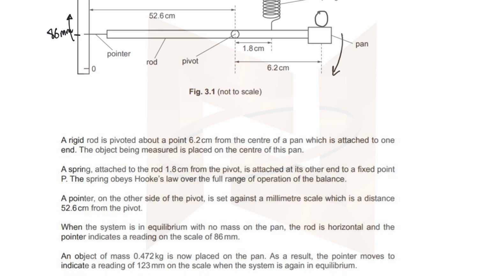So when this thing moves up, the pointer goes to, let's say, this position, and it's indicating a reading of 123 mm. So if you want to visualize it, it was horizontal like this, but when you placed a weight on this side, it moved like this. So this side is down, this side is up, and it is back in equilibrium as the question is saying. So you are in equilibrium again.